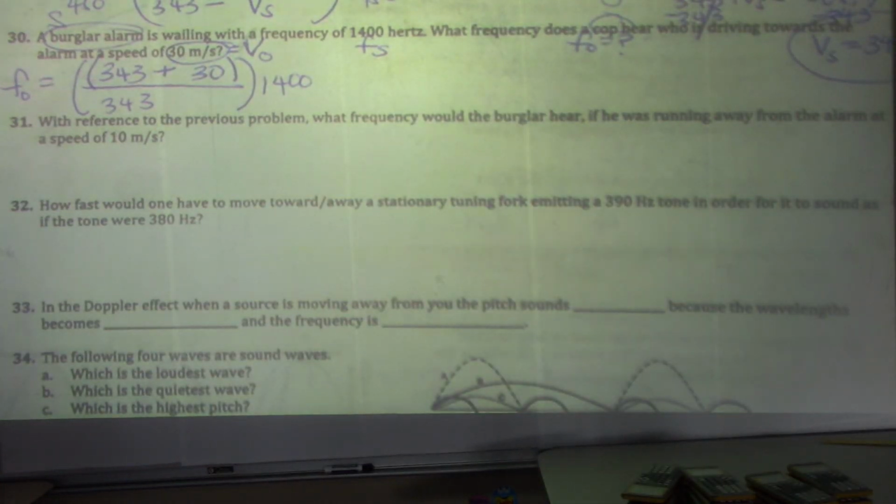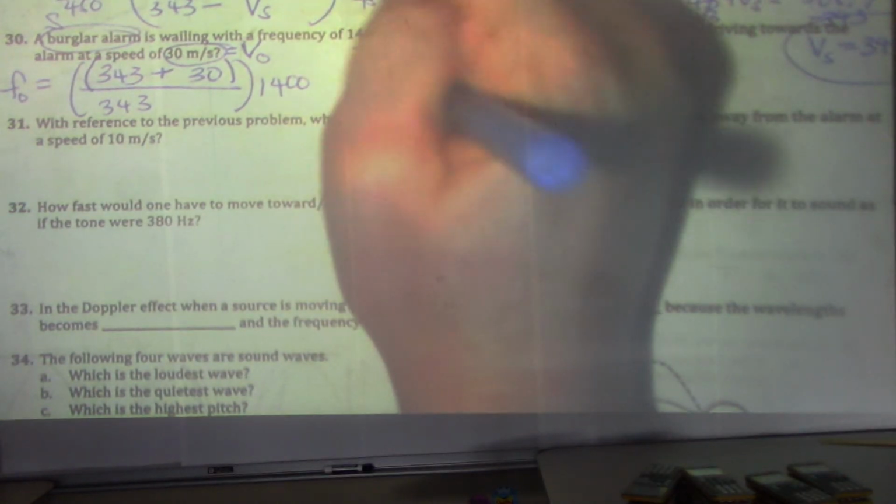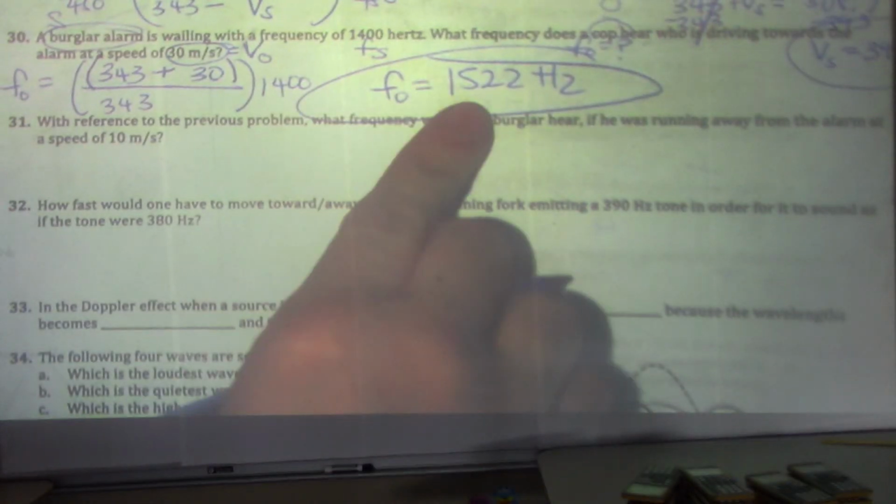So (343 plus 30) over 343 times 1400 is going to give me an observed frequency of 1522, which at least is reasonable. The original is 1400, and I knew it was going to be higher just going towards.